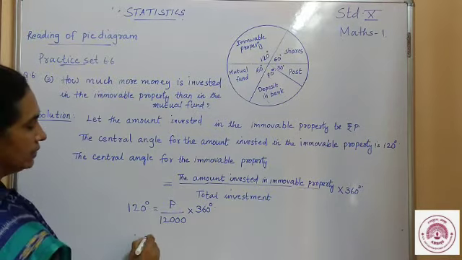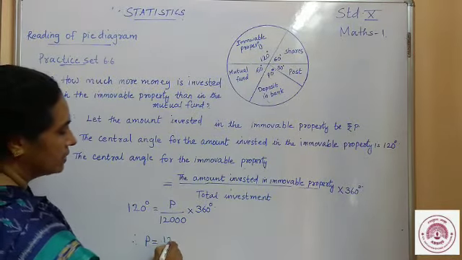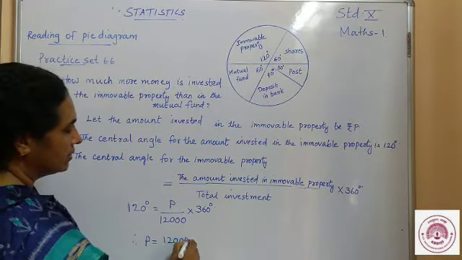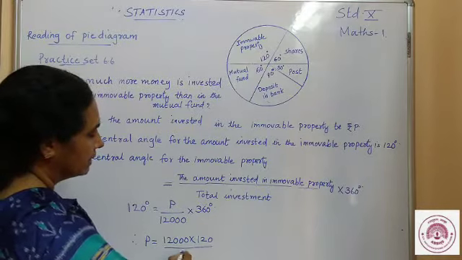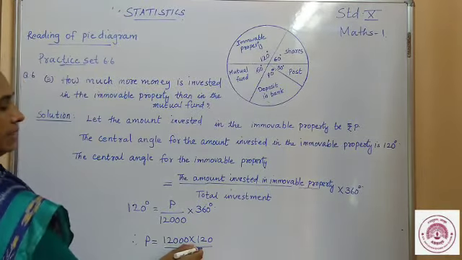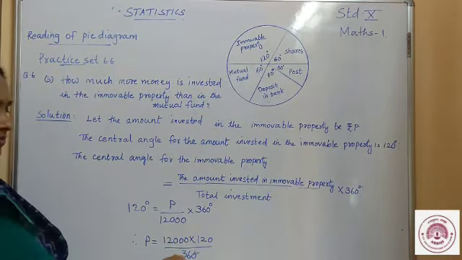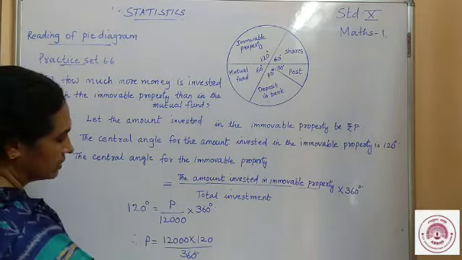Therefore, P is equal to, cross multiplication, 12,000 into 120 divided by 360. We can cancel 120 and 360, 3. 12,000 divided by 3 is 4,000.